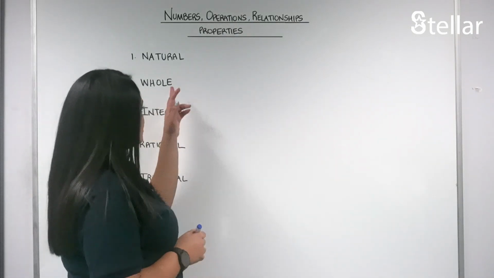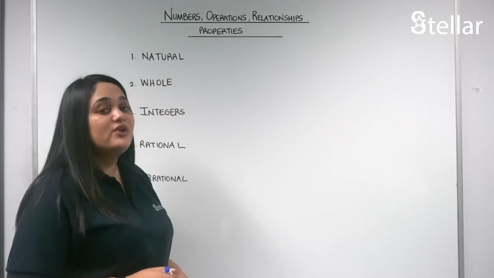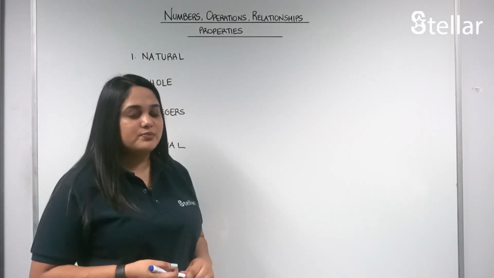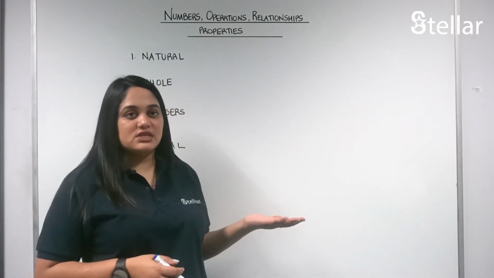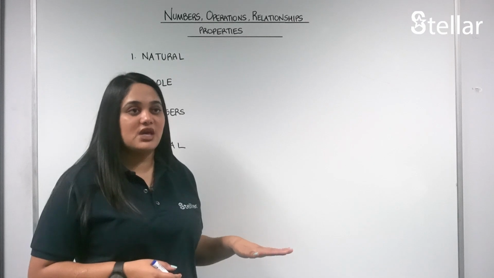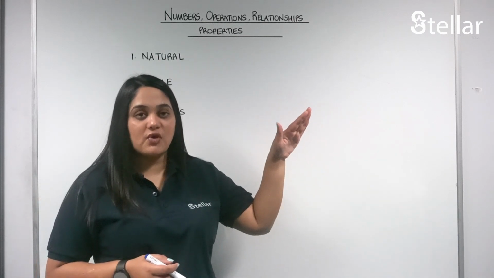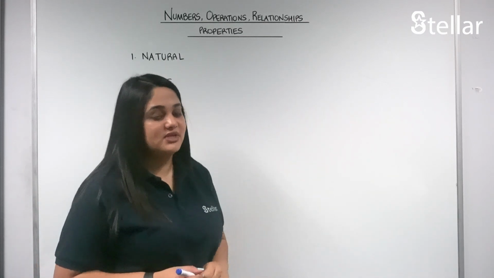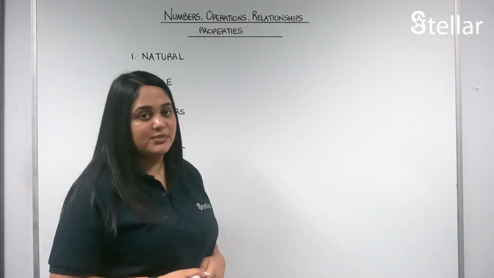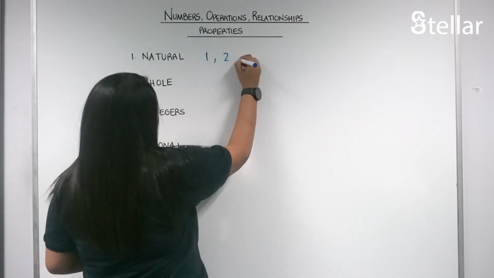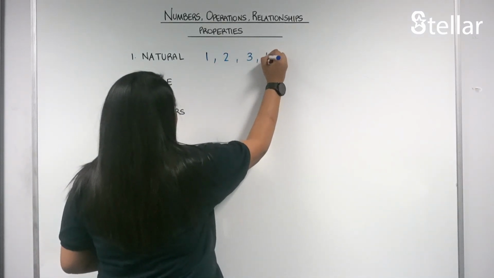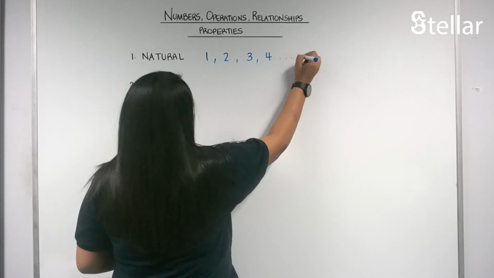So the natural numbers, we use them as counting numbers. Now, if you're walking up a flight of stairs, how do you count the stairs? You'll step and you'll say 1, 2, 3, 4. Those are natural numbers, right? You can call them counting numbers because they start from 1, 2, 3, 4, and so on, right?